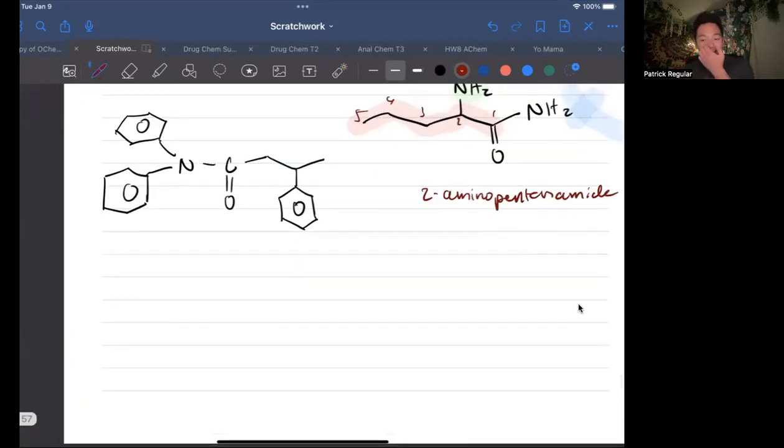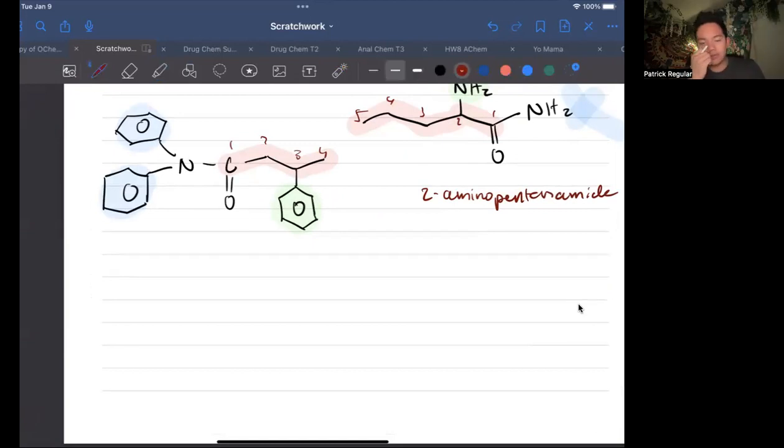Now let's look over here. Now this looks like a piece of work, right? I know. Let's identify the parent carbon. Now let's make a carbon chain. 1, 2, 3, 4. There's a butane. I see, hey, look, there's a branch group, a phenyl. Not only that, on the accessory portion, I see 2 phenyls. So I have a di-substituted amide, right?